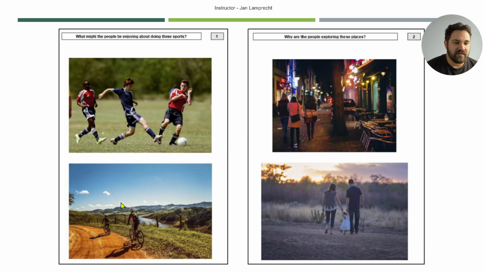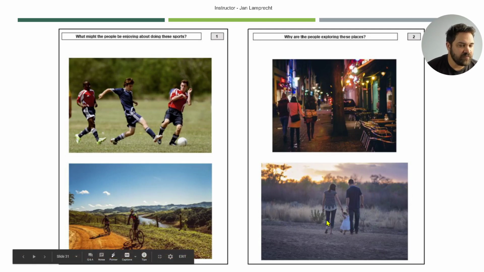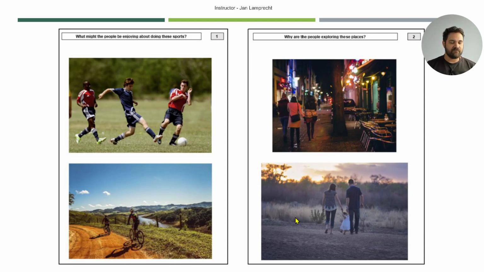Okay, now and these people seem to be exploring the different shops, whereas these people, this family right here, seem to be interested in peace and calm away from the city. Okay, so I said seem to be, but you've got seem to be, then might be, they could be. Okay, so you can use any of them.